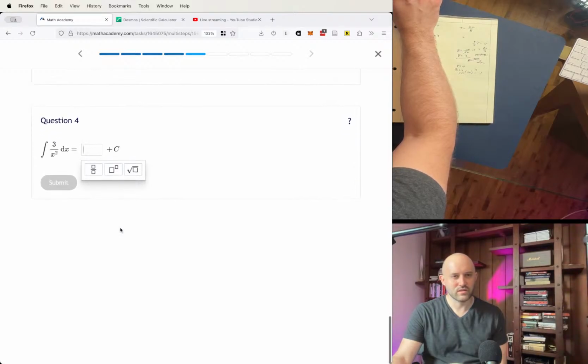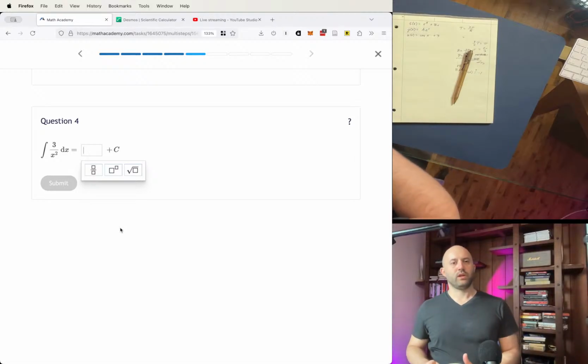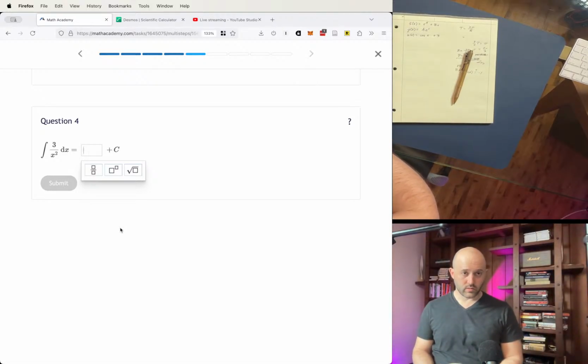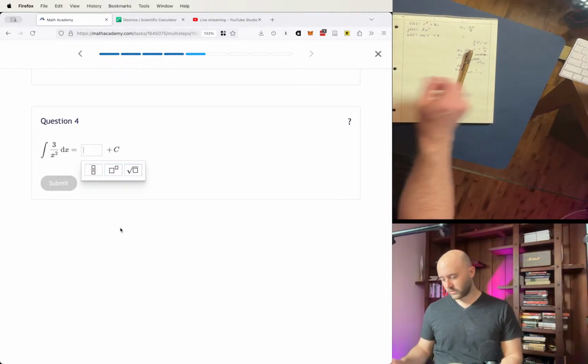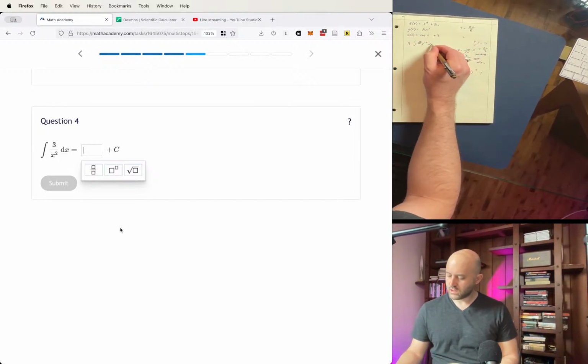Okay, integral of 3 over x squared dx plus c. So this would be 3 times integral of x to the minus 2 dx plus c.